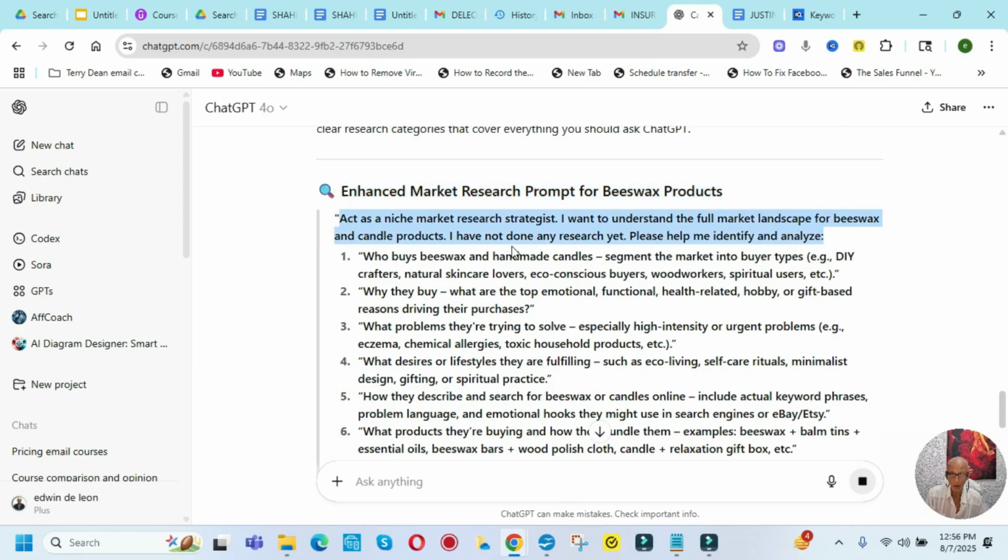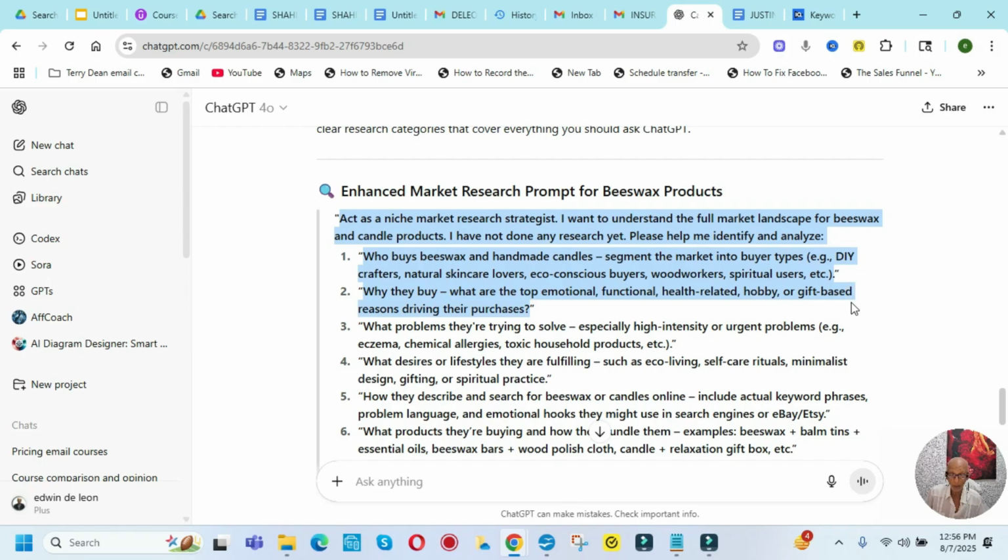Act as the niche market research strategist. I want to understand the full market landscape for beeswax and candle products. I have not done any research yet. Please help me identify and analyze who buys beeswax and handmade candles, segment the market into buyer types: DIY crafters, natural skincare lovers, eco-conscious buyers, woodworkers, spiritual users.